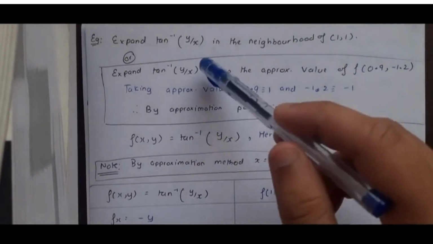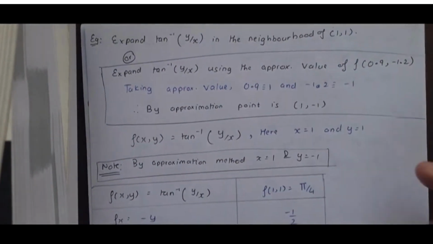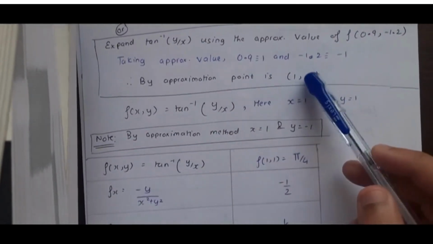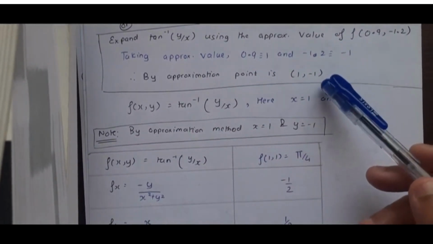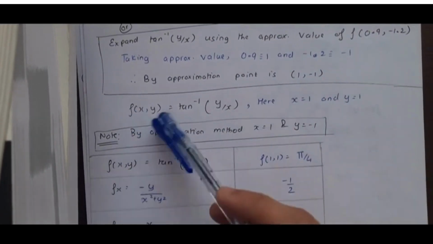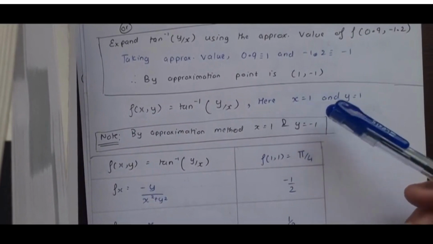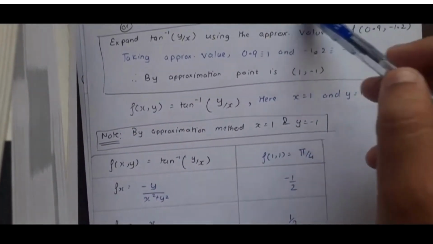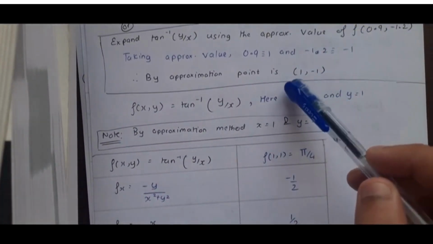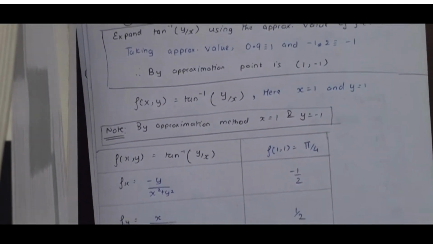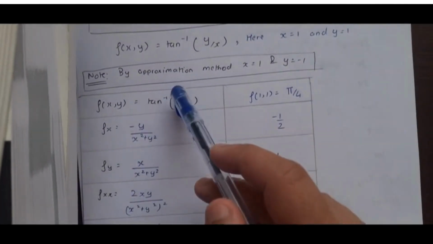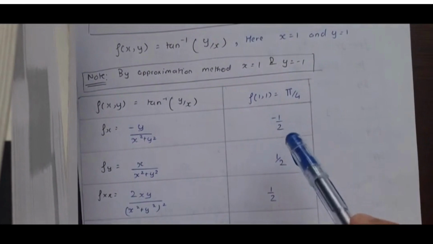So essentially it's the same question. So here we write by approximation the point is 1 comma minus 1. We can say f of x comma y is tan inverse of y by x. Here x is 1 and y is 1. So we're taking, for solving for this, x is 1, y is minus 1. Here by approximation method, x is 1, y is minus 1.